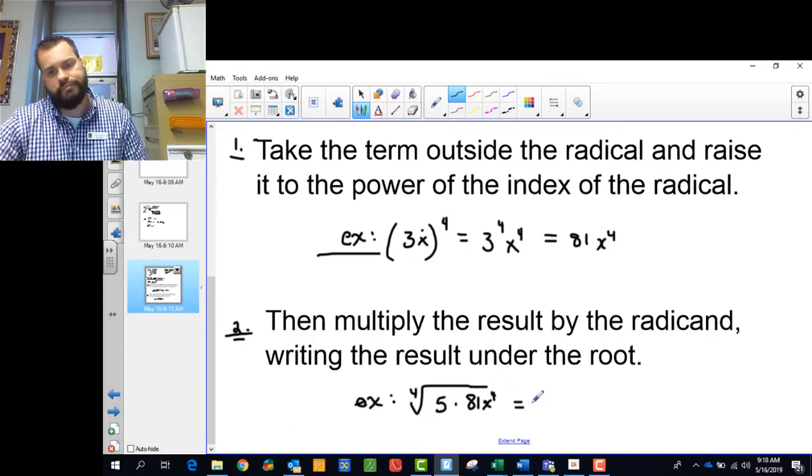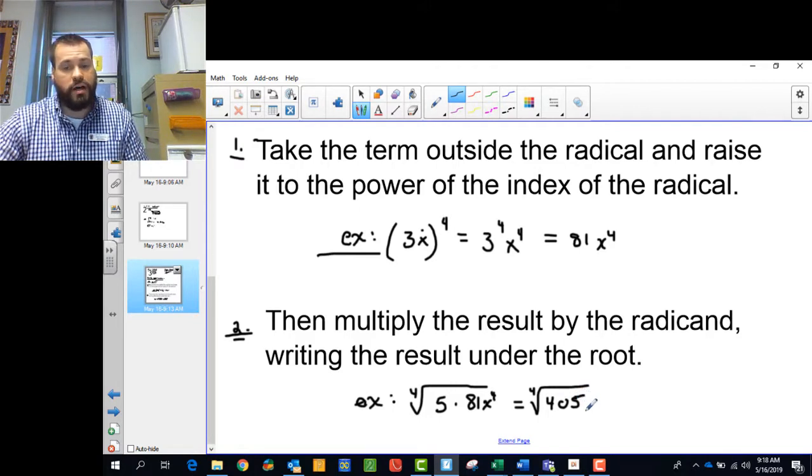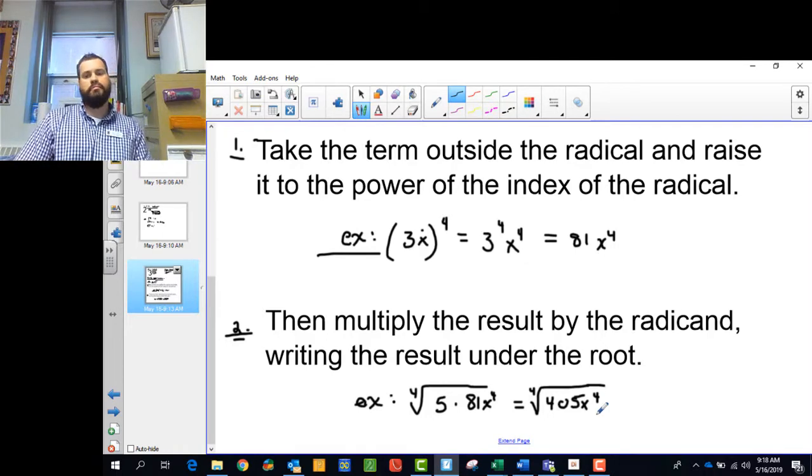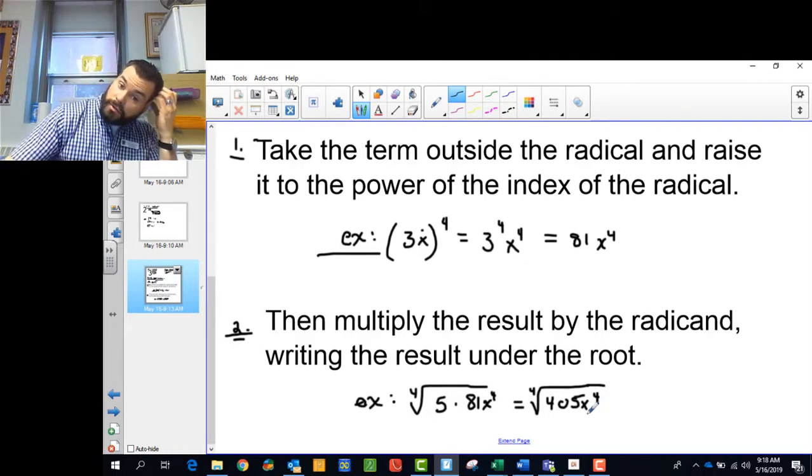Well, that's 405, because 80 times 5 is 400, and 1 times 5 is 5. x to the 4. And that is now an entire radical. So that's how you write a mixed radical as an entire radical.